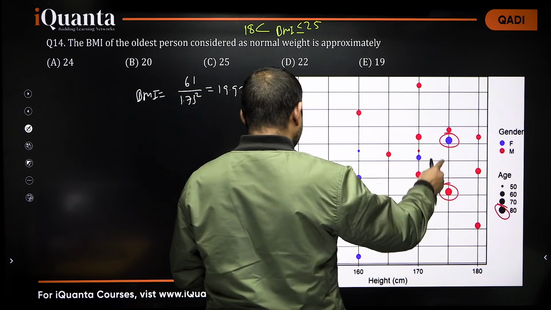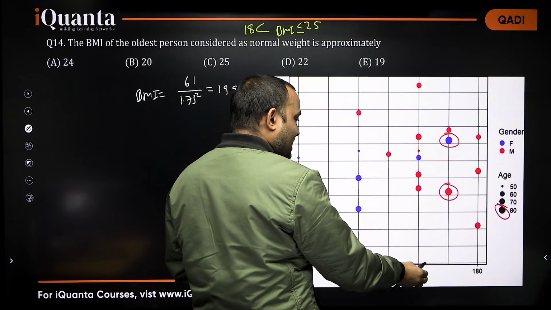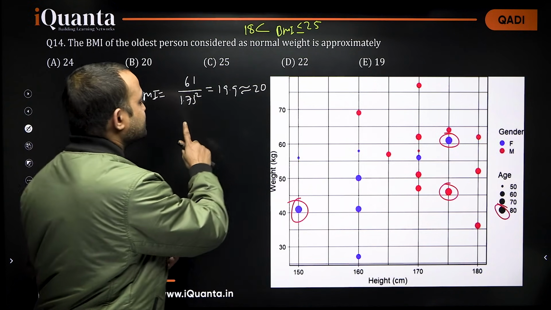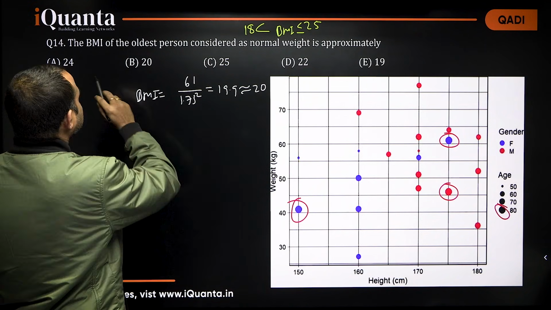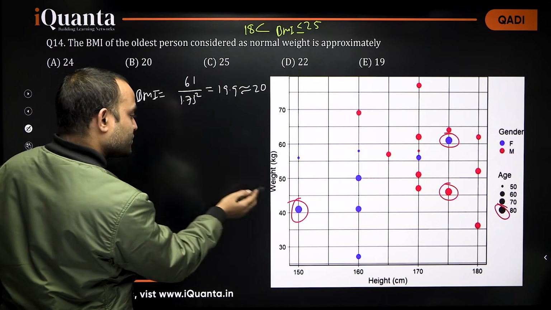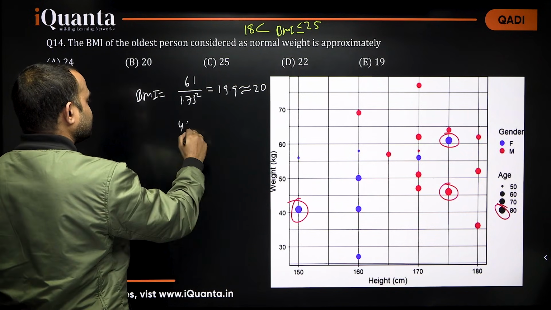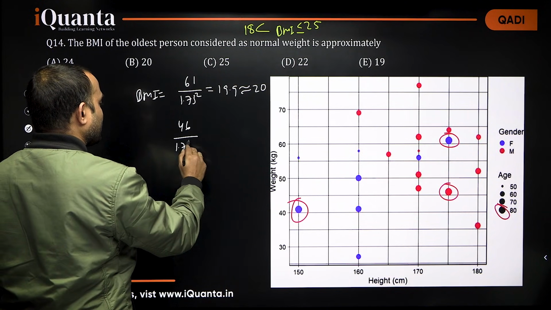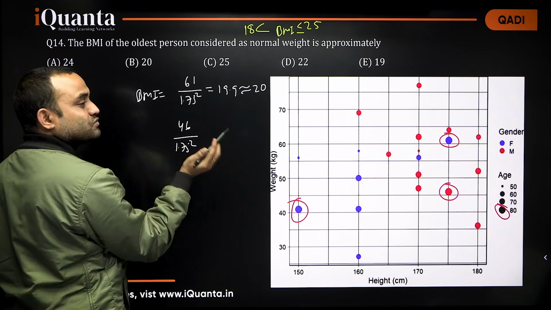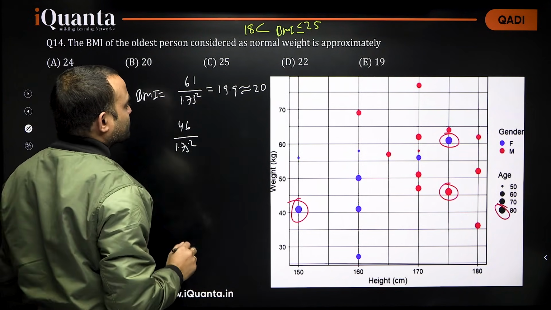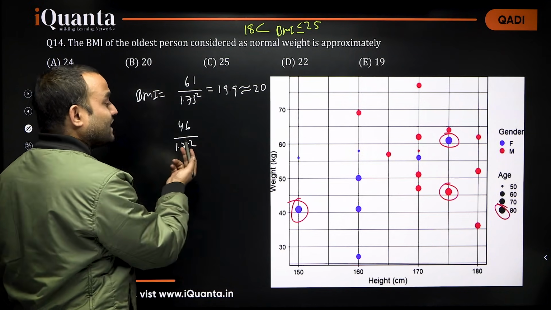So definitely this is our answer, but let's check for this one as well. But in this one, the weight is less, the height is same, so this value is definitely going up. It doesn't say minimum or maximum, but this will be 46 divided by 1.75 square. 46 is 75% of 61 something, right? 75% of 20 will be 50. So this is underweight, right?